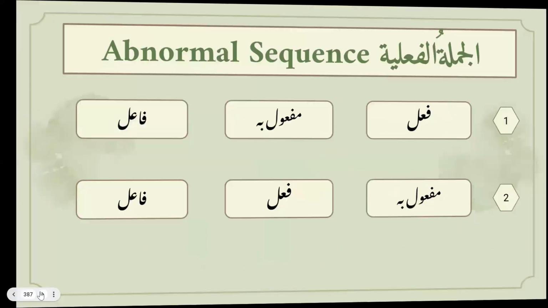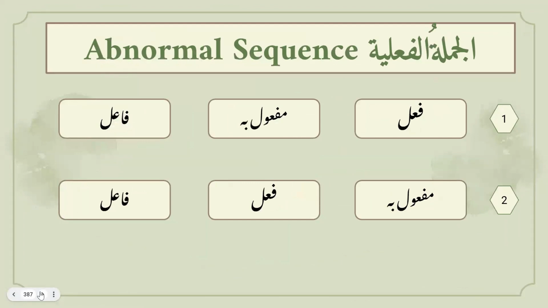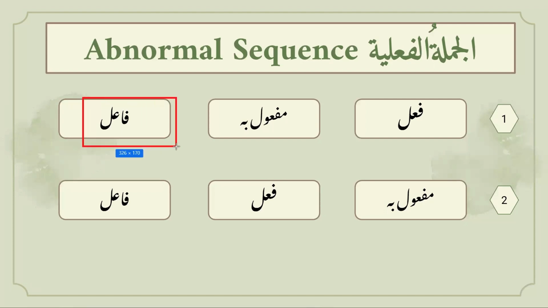Now we are moving on to the actual abnormal sequence of jumla fi'liyya. There can be two options. First, maf'ul bihi coming before the fa'il, a maf'ul bihi other than an attached pronoun, other than zamir muttasil. Maf'ul bihi like someone's name, a person, a thing, ism zahir.